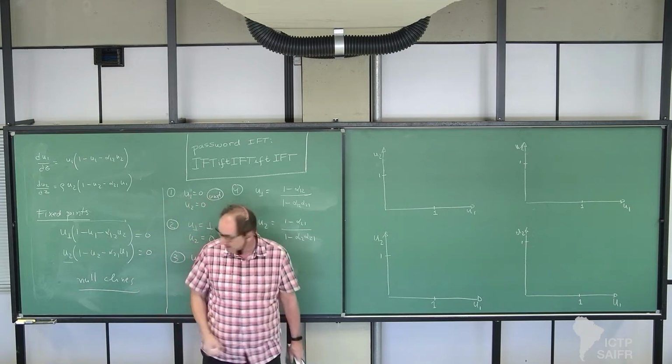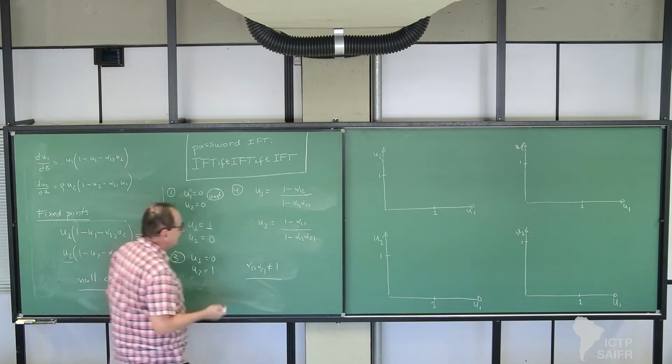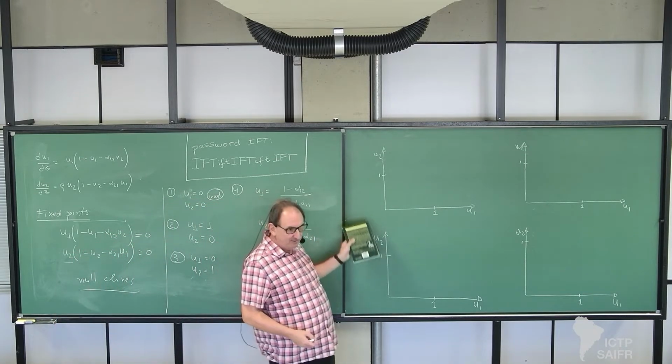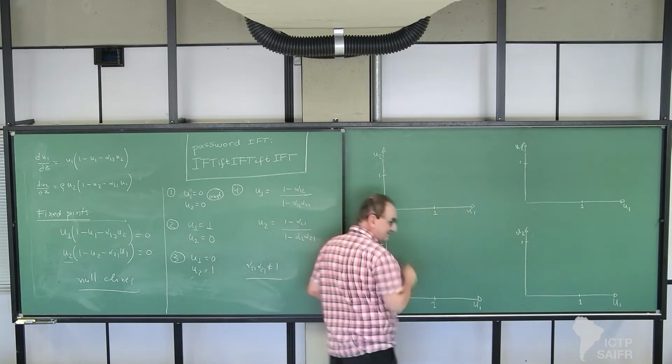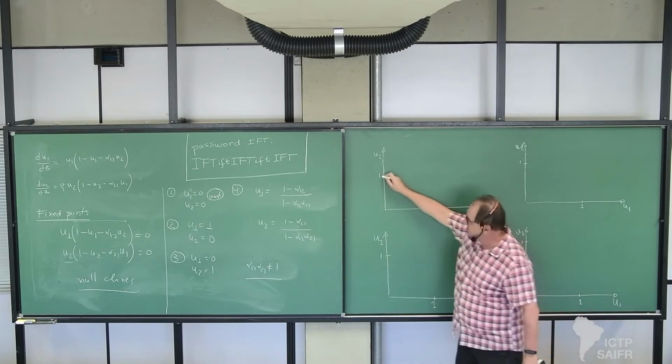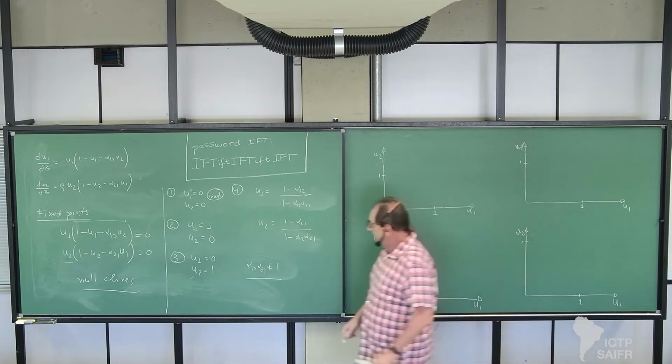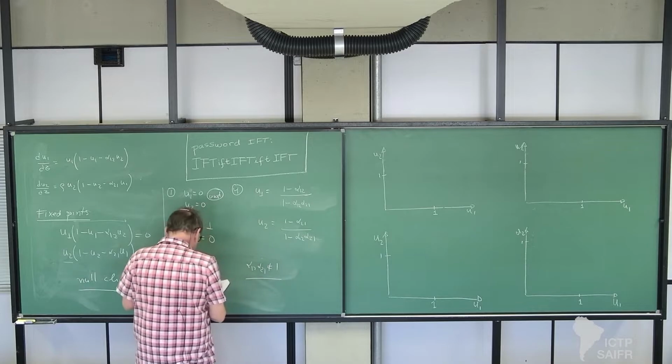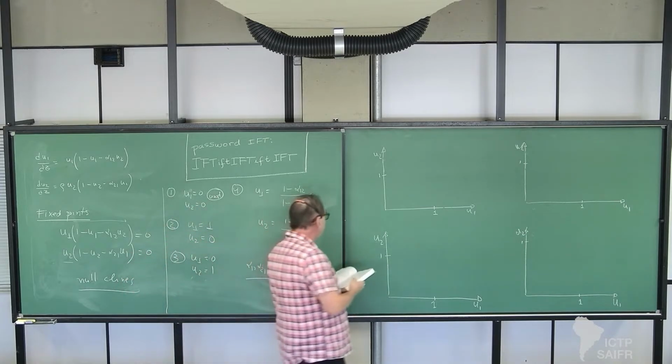Okay? So one obvious case is always the 0. I mean, I don't need to draw the 0. And obviously, this is one fixed point here. This is also one fixed point here. Okay? So I will draw the first one.